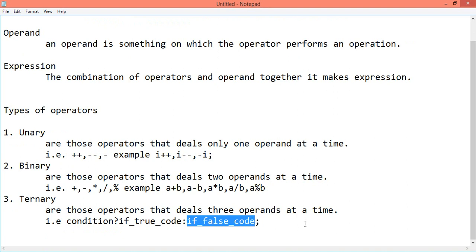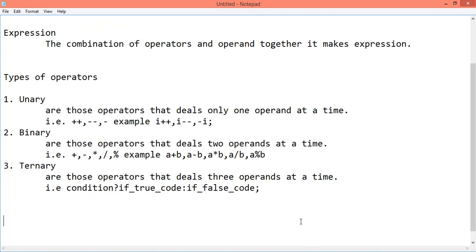Now let's move forward and discuss some further classification of the operators.